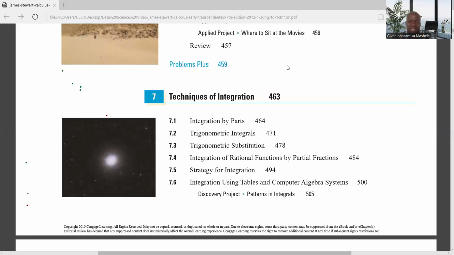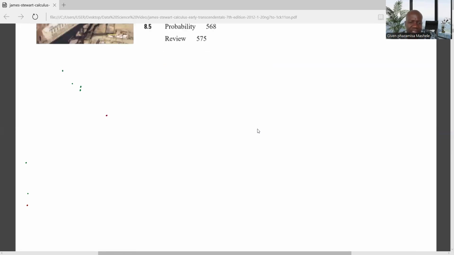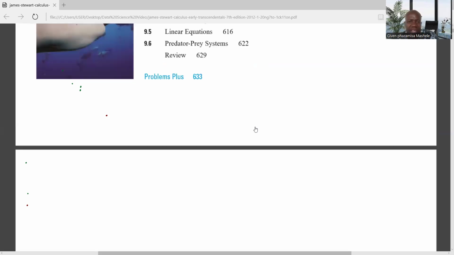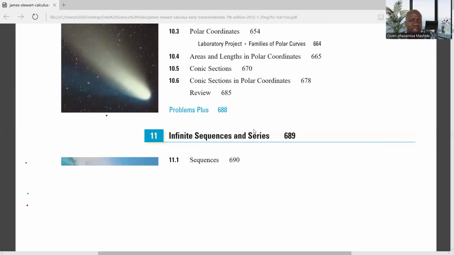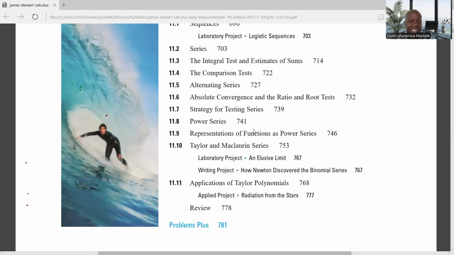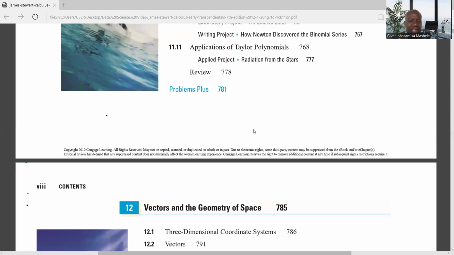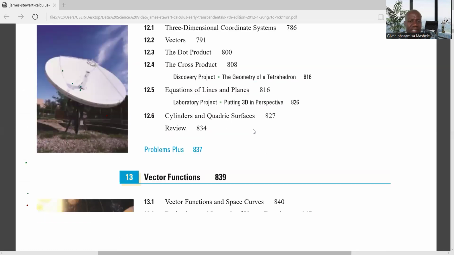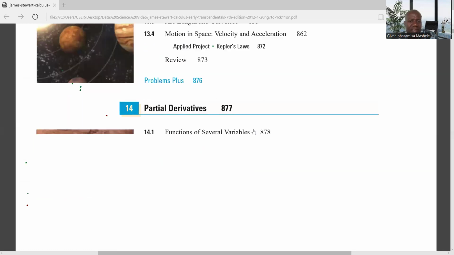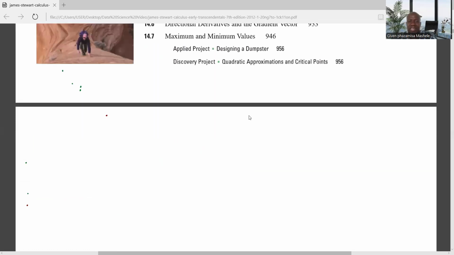Integration by parts, which is a different thing that we'll talk about. Sequences and series. The Taylor and Maclaurin series. Partial derivatives, but this one I think is for second year.